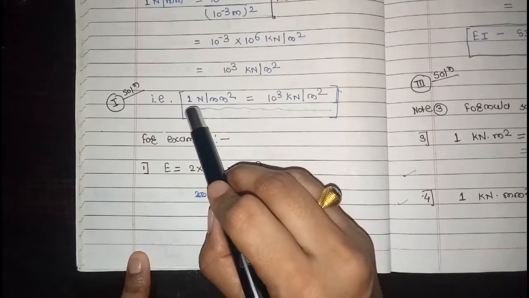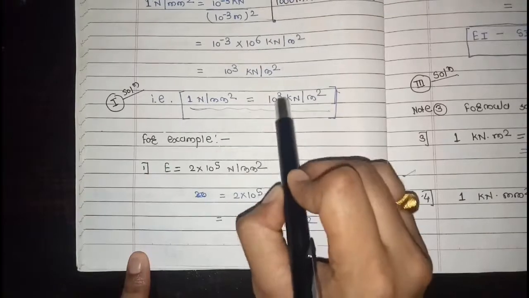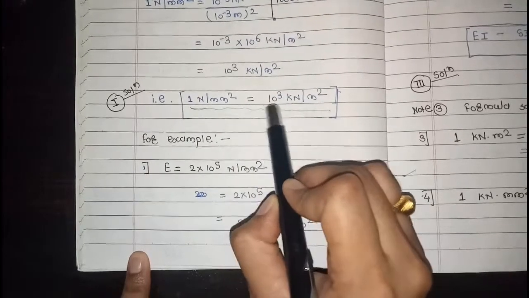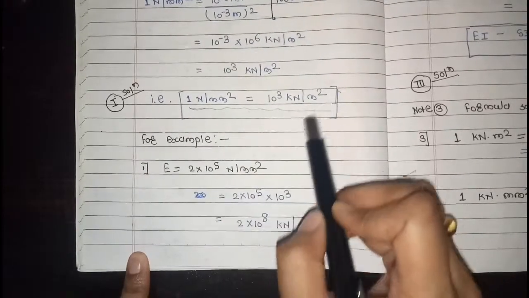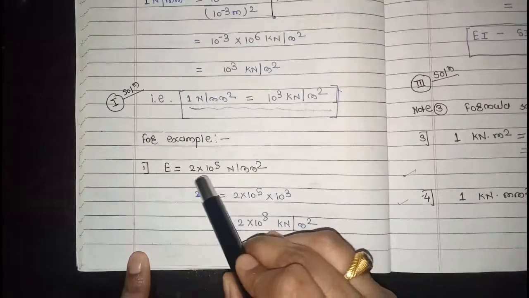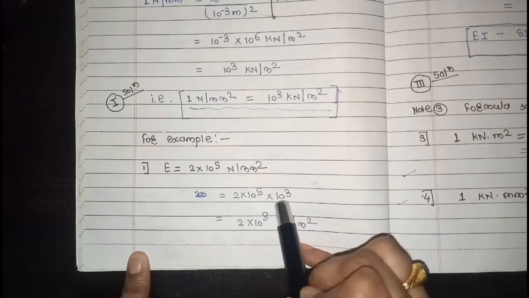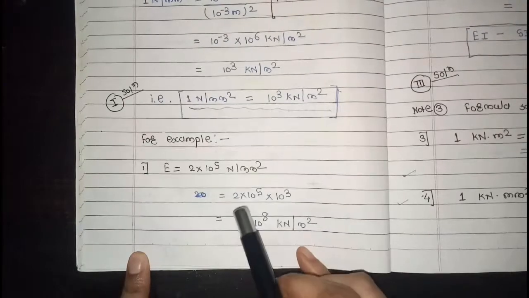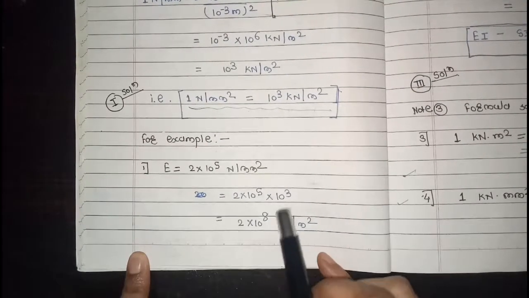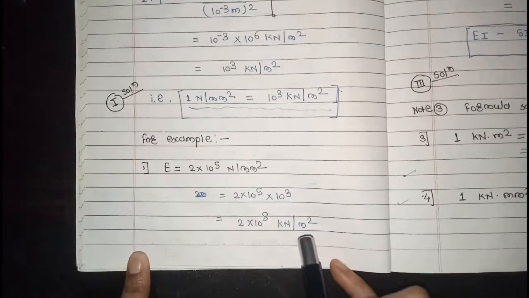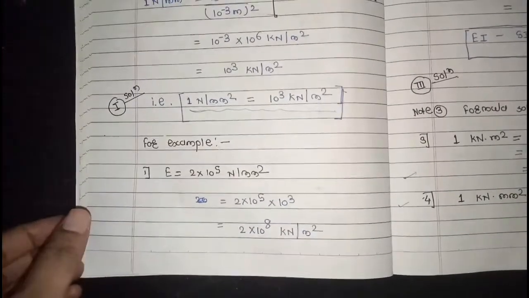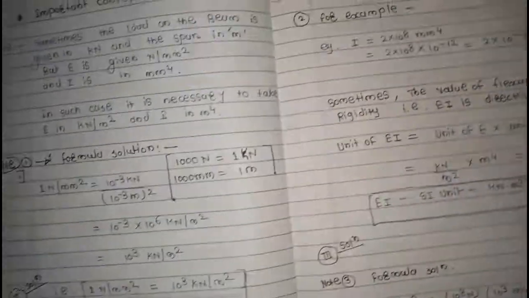First of all, 1 Newton per mm square is equal to 10 cube kilonewton per meter square. So multiply 2 into 10 to the power 5 by 10 cube. Then we get 2 into 10 to the power 8 kilonewton per meter square. This is the first conversion.